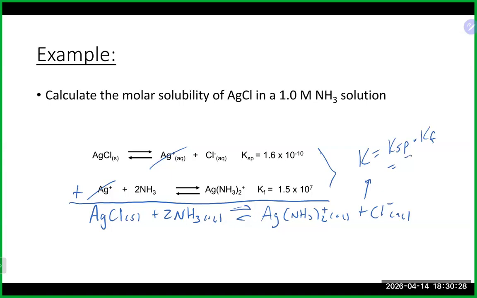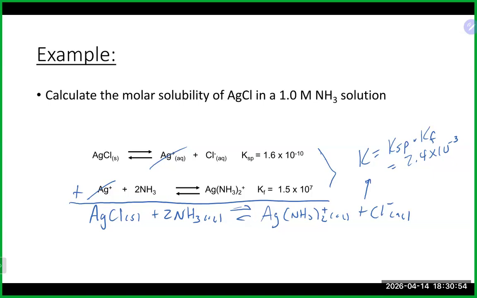That's going to give us 2.4 times 10 to the minus 3. By the way, this reaction perhaps looks familiar because you actually did it. That is the very ending step of group 1 qualitative analysis when you added the ammonia to your solid and it disappeared. And then perhaps you added some nitric acid at the end and it came back to confirm silver.